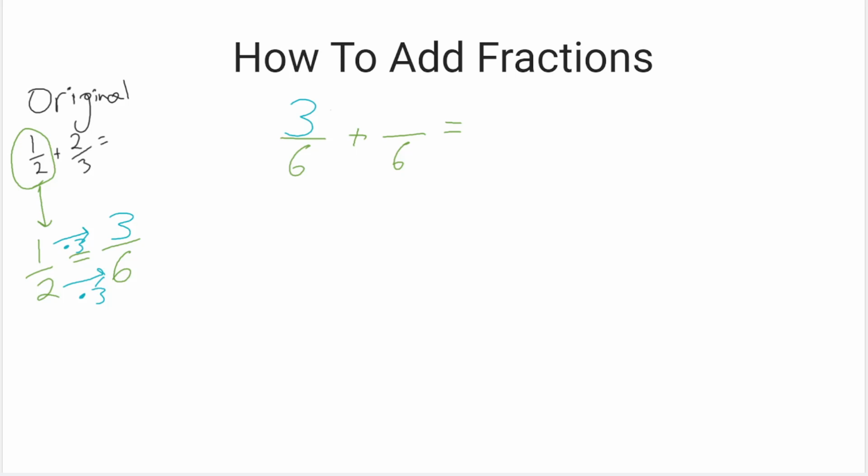We need to do the same thing for 2/3. So we're going to take 2/3. I'm going to bring it down over here. We have 2/3 equaling something over 6.